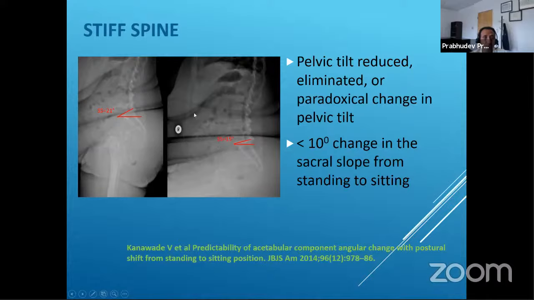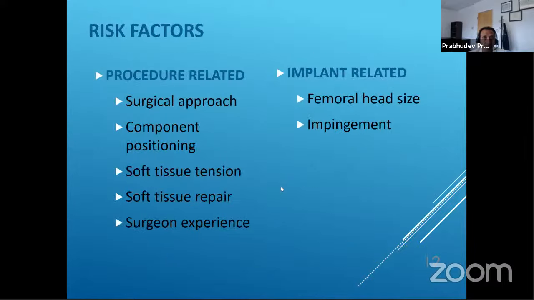So in a stiff spine, when the patient goes from standing to sitting position, instead of the pelvis tilting posteriorly, it might tilt less, or it might even actually tilt anteriorly in a fused spine, thereby decreasing the anteversion instead of increasing it, which decreases the posterior coverage and thereby increases the risk of posterior dislocation.